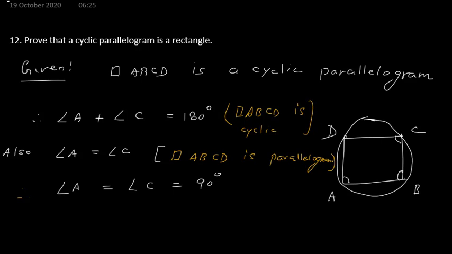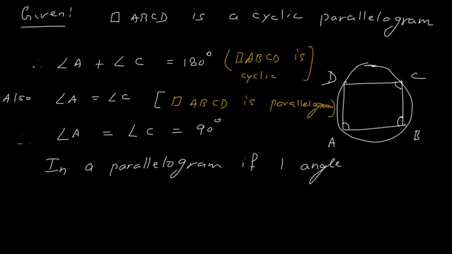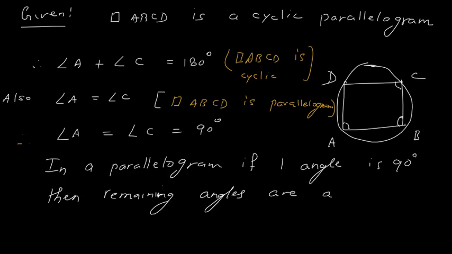Now in a parallelogram, if one angle is 90 degrees, all the remaining angles are also 90 degrees. So I will say that in a parallelogram, if one angle is 90 degrees, then the remaining angles are also 90 degrees.